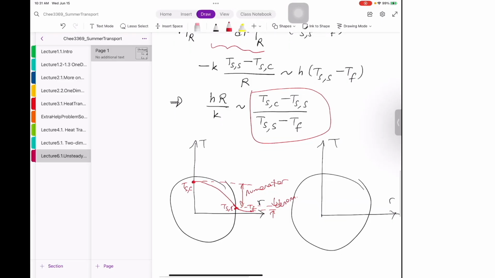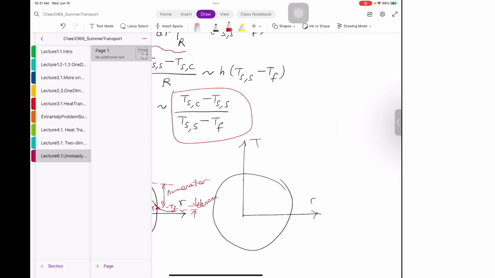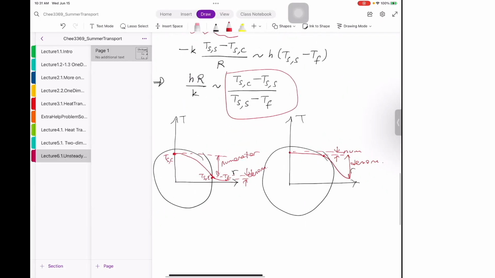On the other hand, if you have a temperature distribution like this, and if this is your numerator and this is your denominator, what can you tell about the two different cases? In which case can I make the assumption that the temperature is almost uniform along the sphere? What do you think?